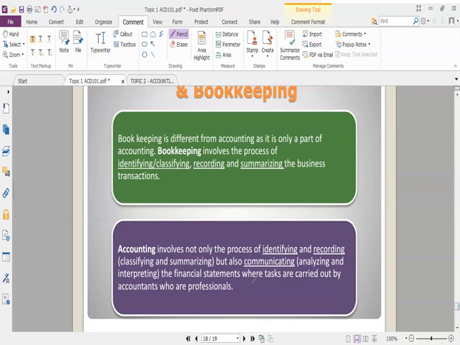Accountants will know how to calculate the ratios, that is the analyzing process, and how to interpret the condition of the company by looking at the financial statement. So accounting covers a big area, but bookkeeping is just a technical part inside accounting. Is that clear?